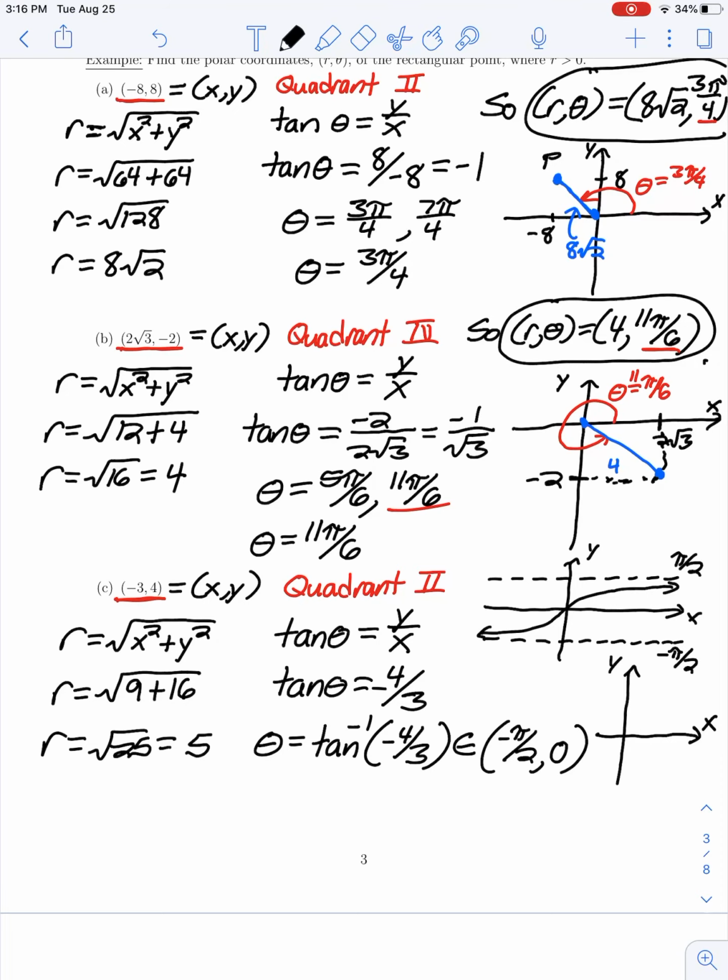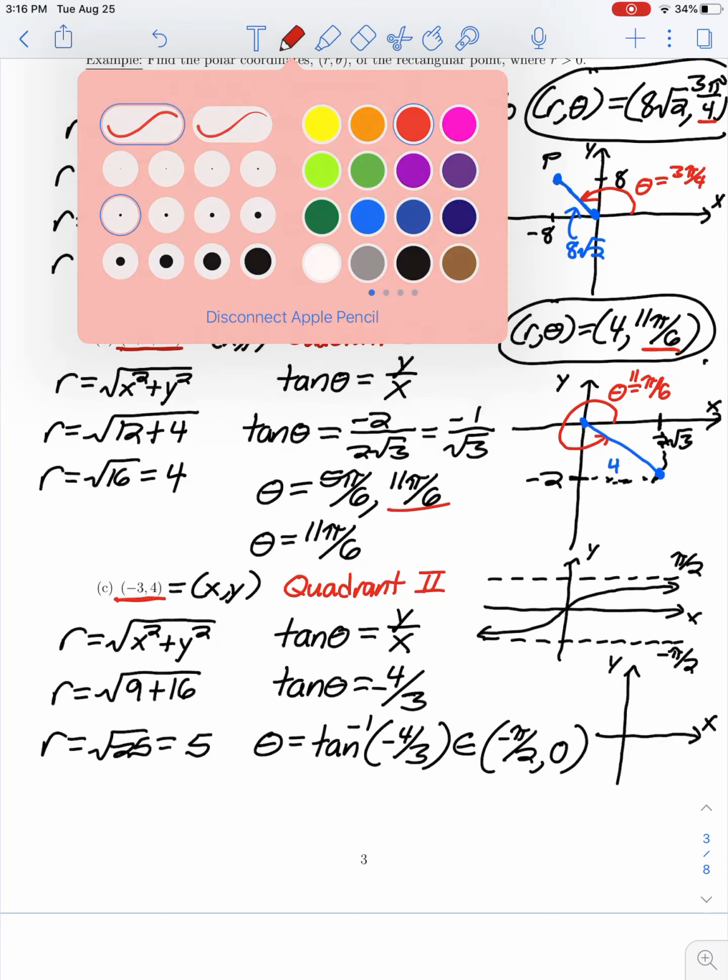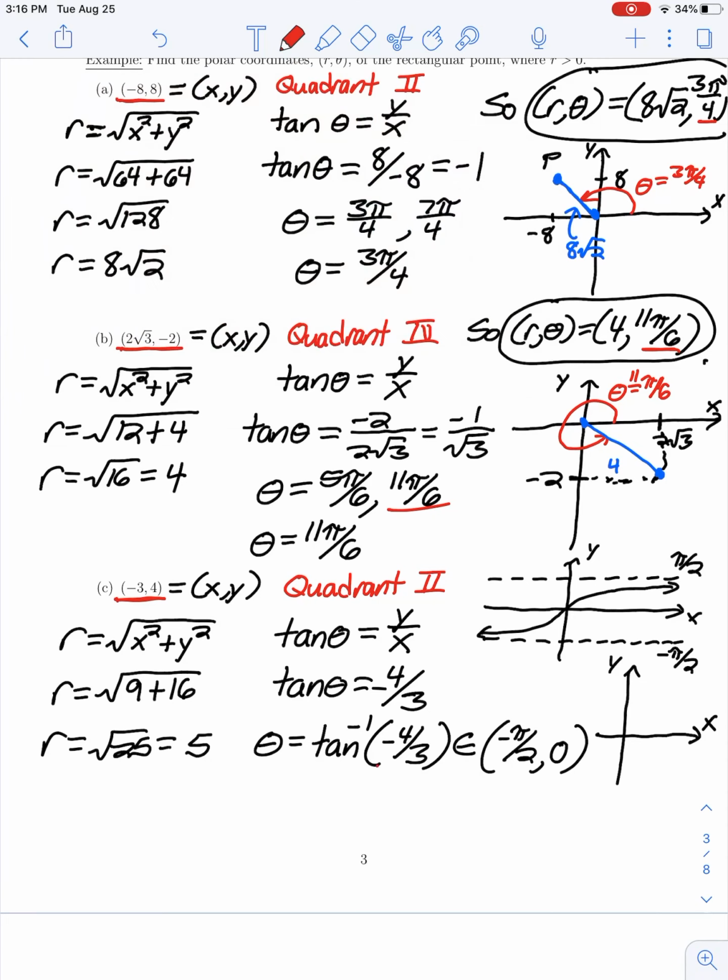So how do I know that this angle lies between negative pi over 2 and 0? Well, let's take a look at our graph. We're looking at arctangent of a negative number, negative 4/3. So here the graph I'm looking at is y equals arctangent x. So for a negative value, I can see that the value for arctangent would lie somewhere between this lower asymptote of negative pi over 2 and 0.